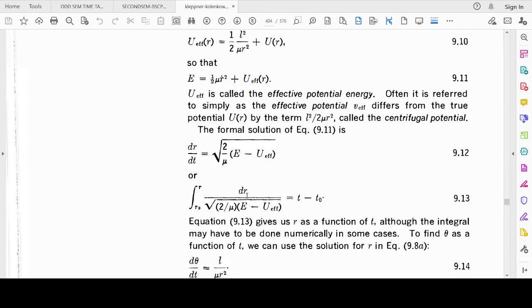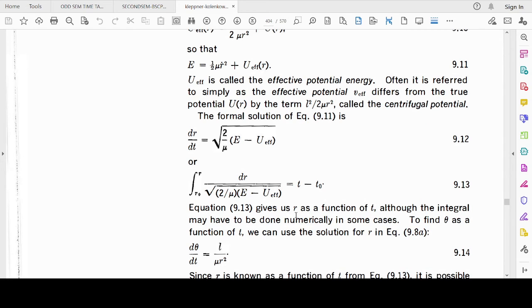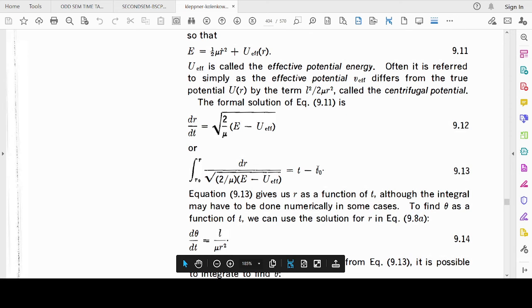The right side becomes t minus t0, and the left side is the integral from r0 to r of dr by root of 2 by mu E minus U. So in this equation you get r as a function of t, although the integral may have to be done numerically. In some cases this integral is not easy to solve, so sometimes you have to use numerical methods.